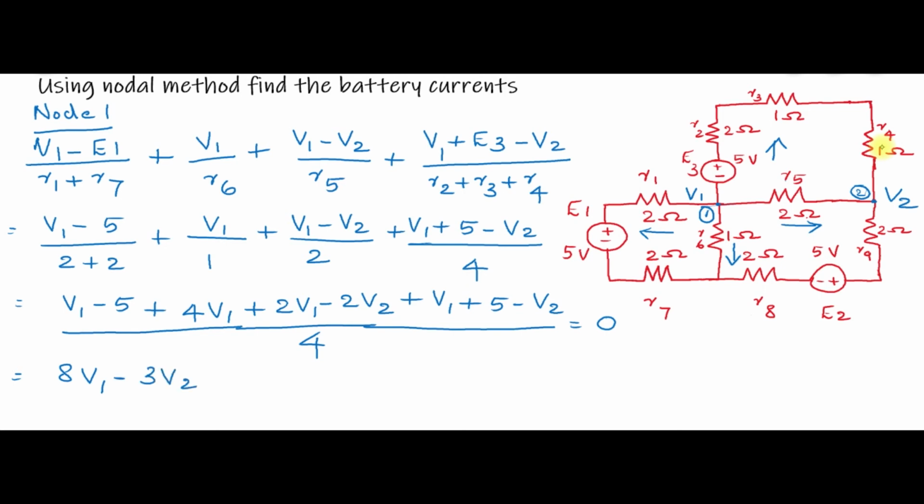Minus 5 and plus 5 cancel each other, divided by 4 is equal to 0. So 8V1 by 4 is 2V1, and 3V2 by 4 is 0.75V2, equal to 0. Name it as equation number 1.